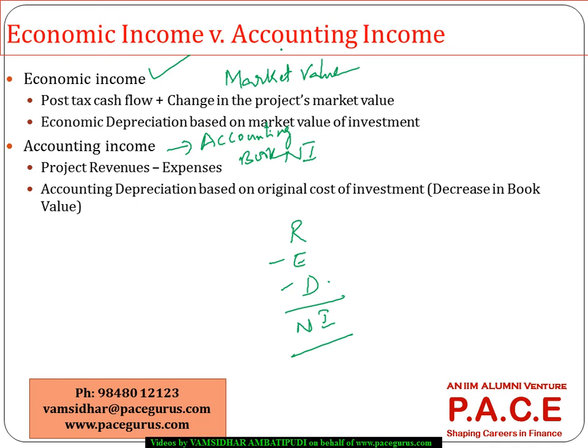So when I look at a project's economic income, I'm looking at it from the perspective of market value but not on the book value of the asset. So that's where we don't use the word depreciation when I am computing economic income. I use the word economic depreciation, which is again the reduction in the market value of the project or the market value of the investment from period to period.